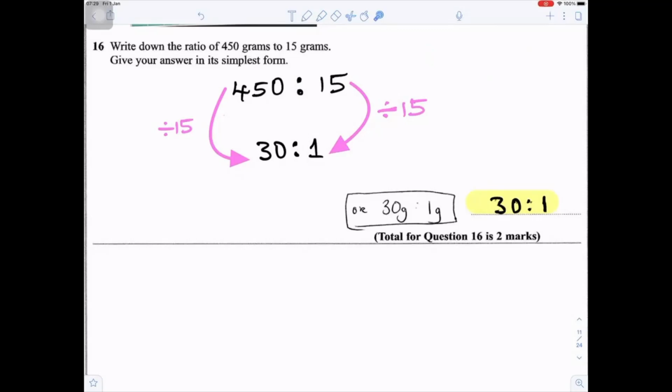You want to write it in the simplest form, so simplify it. You can do 15 divided by 15 on the right hand side, which gives you 1, and 450 divided by 15 on the left hand side, which gives you 30. So the ratio is 30 is to 1, the simplest form.